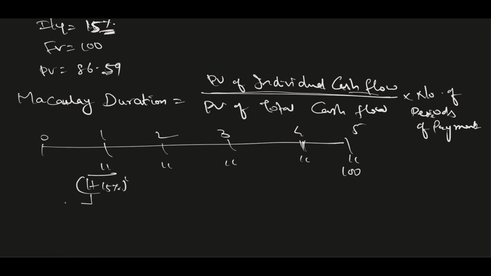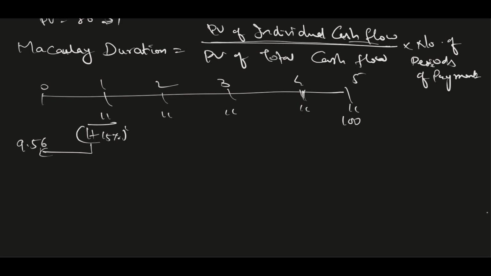So the first one comes to 9.56. I'll calculate all the present values first. The second is 8.31.